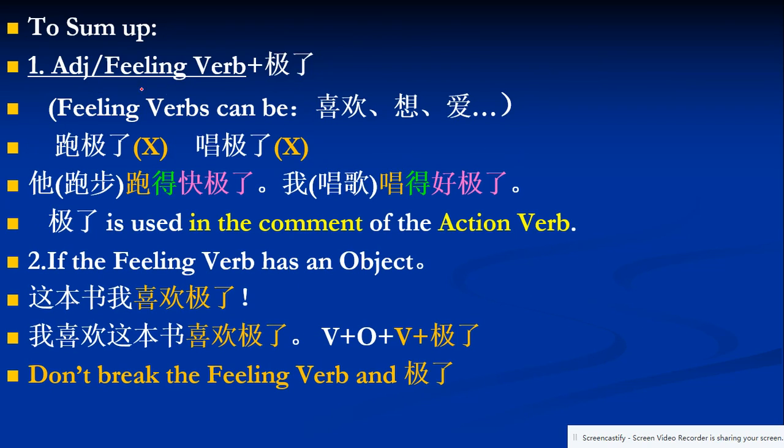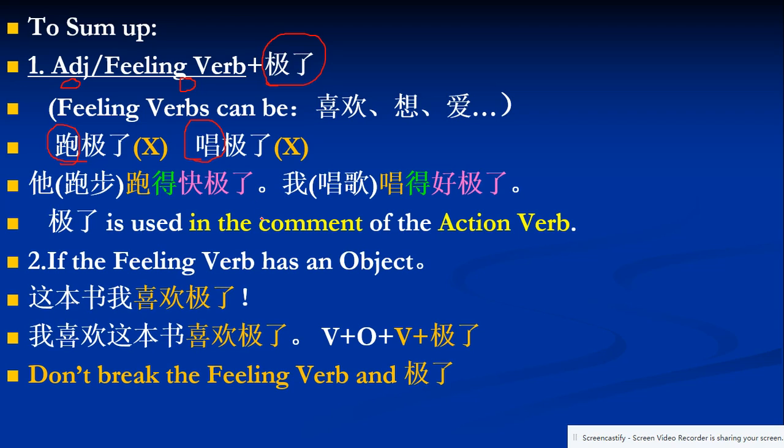Let's sum up. First of all, 极了 is a degree adverb. Unlike other adverbs like 很 and 非常, 极了 is placed after the adjective or feeling verb. And it cannot be placed directly after an action verb.